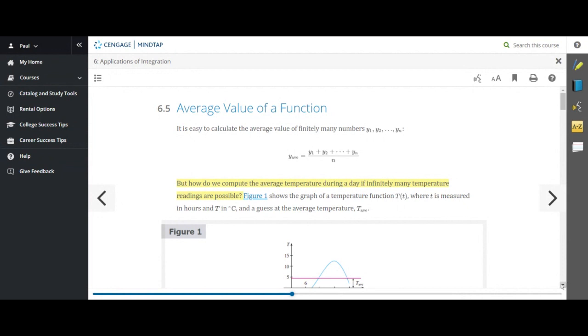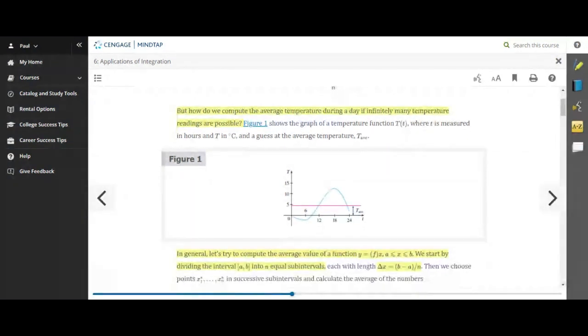So if we go down here to figure 1, you see there a blue temperature function. The temperature function is in degrees Celsius. And the t-axis goes from 0 to 24. Why would that be?